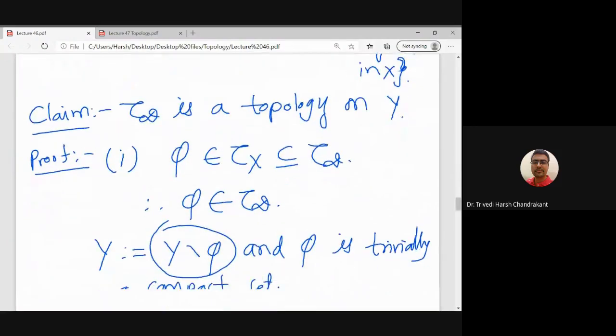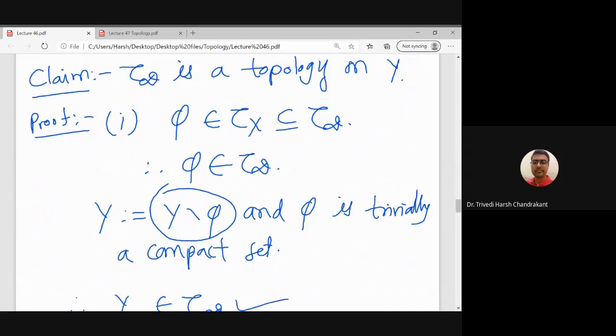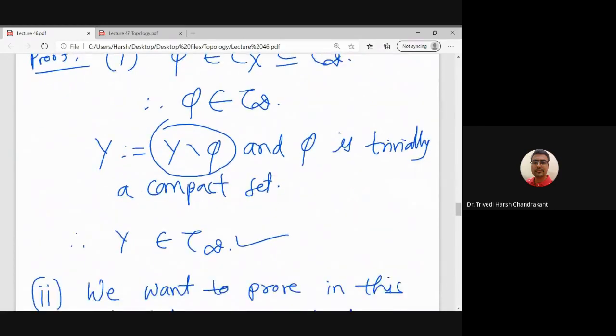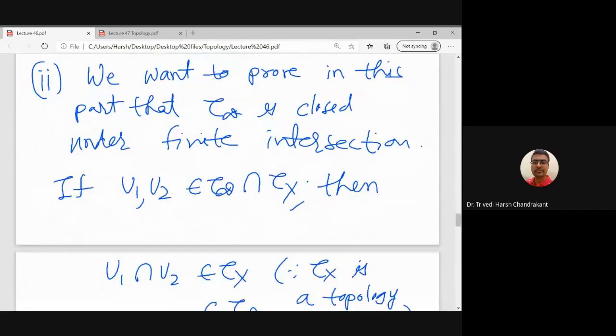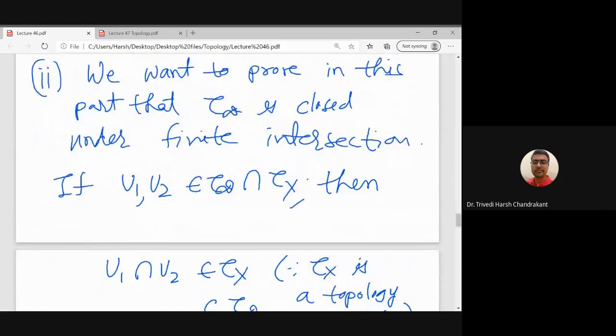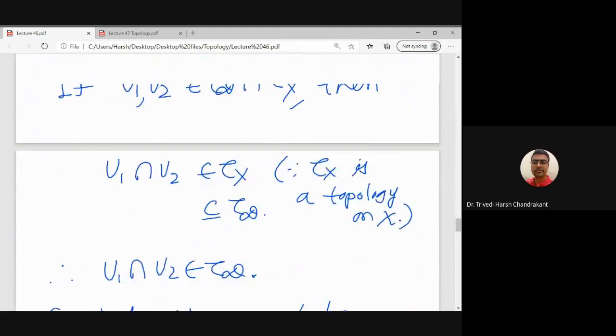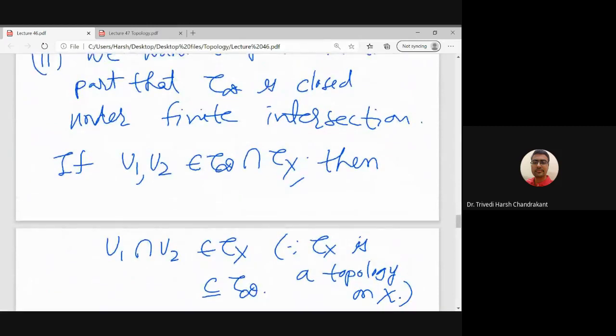So we started verifying those axioms in the last lecture. First we verified that phi belongs to tau infinity and Y belongs to tau infinity, and then we have seen that the second property is that it is closed under finite intersection. In particular, if we take any two sets from type 1 and type 2, then the intersection of those two sets also belongs to tau infinity.